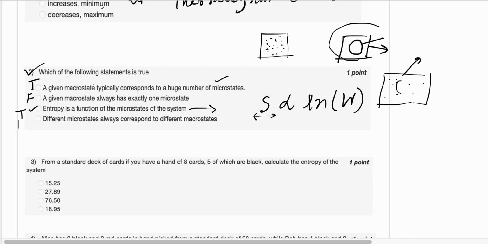So there will be a huge number of different microstates which actually indicate a single macrostate. So it's not true that different microstates always correspond to different macrostates. It is a false statement.